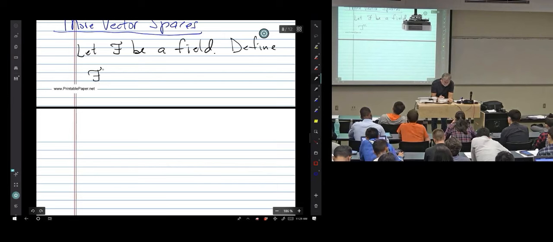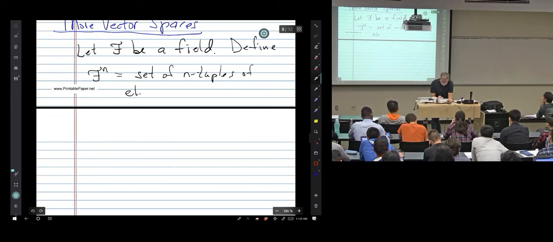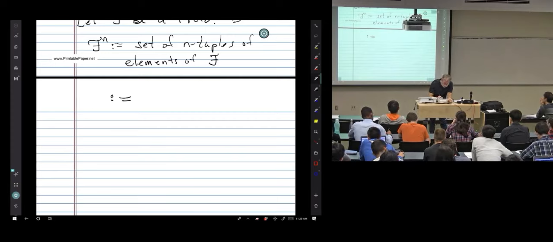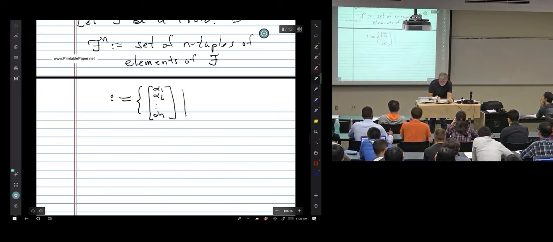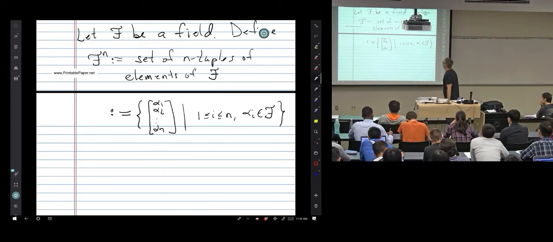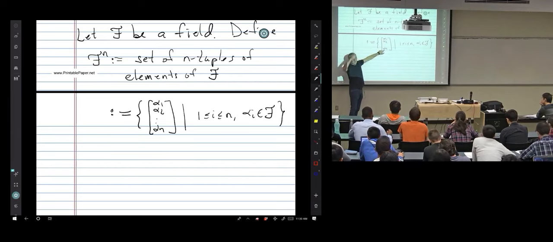Define F to the power n to be the set of n-tuples of elements of F. So this just means alpha 1, alpha 2, ..., alpha n, such that for 1 less than or equal to i less than or equal to n, alpha i is in F. Guess what I want the n-tuple to be?